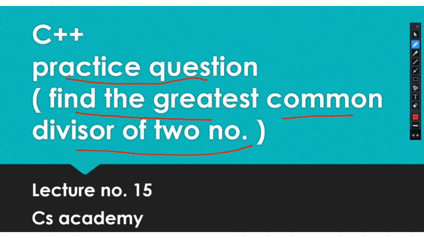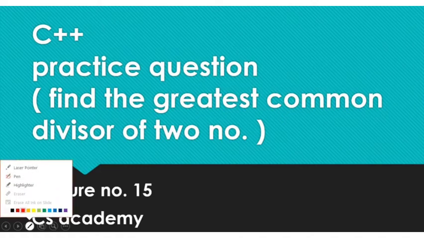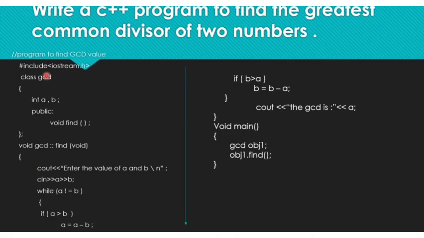Practice question: find the greatest common divisor of two numbers. In your board examination, they may ask: write a C++ program to find out the greatest common divisor of two numbers.